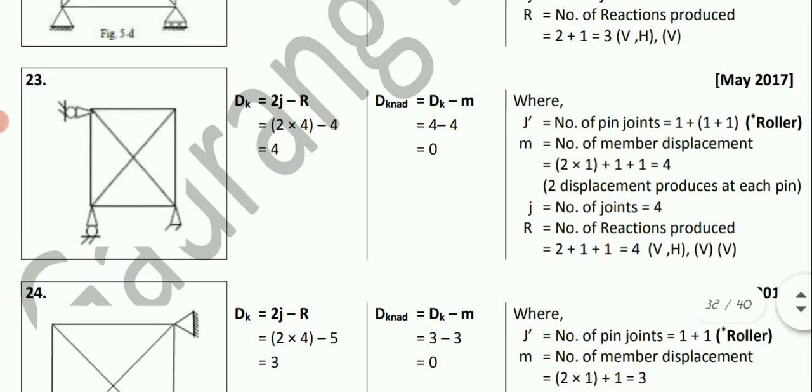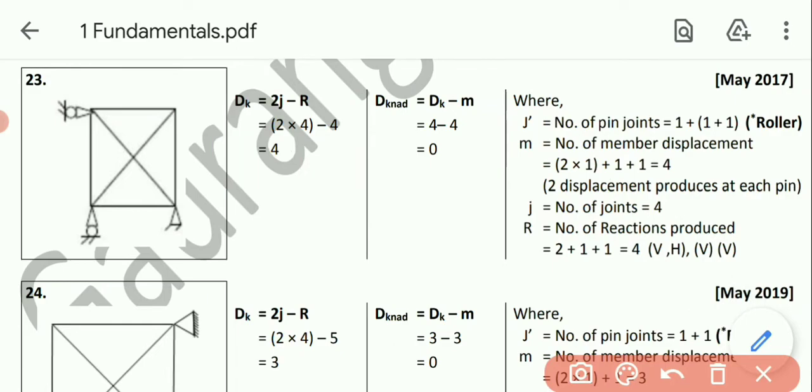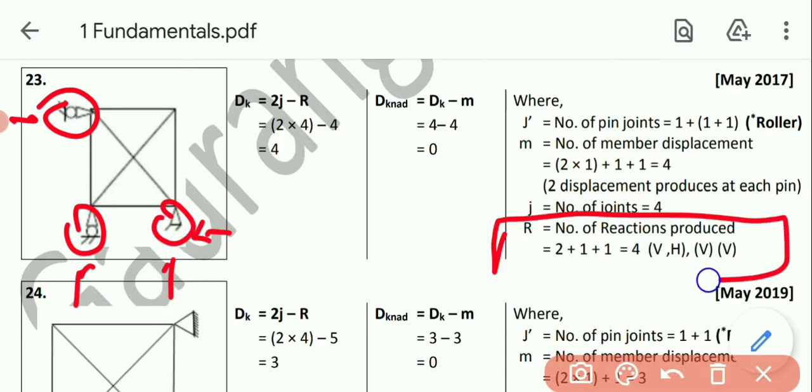Then next, example number 23. Roller support vertical reaction, roller support vertical reaction, hinge with vertical and horizontal. So the number of reactions produced is 2 plus 1 plus 1.